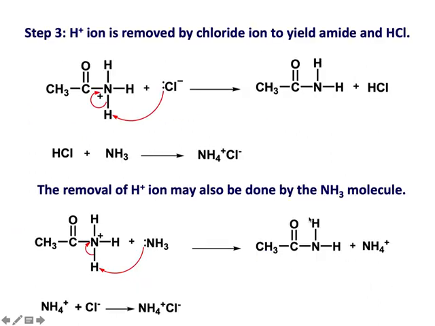Step 3, we want to remove the proton by chloride ion to yield HCl. This Cl minus abstracts the proton, so it becomes HCl. This electron moves to the N, so the positive charge will disappear and become the amide product.